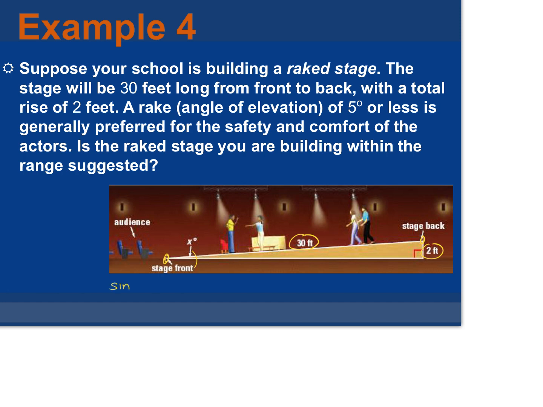So the sine of x equals the opposite over the hypotenuse. 2 divided by 30 gives the sine as 0.06667. To find the degree, I'm going to use the inverse sine, and I get that x equals 3.8 degrees.